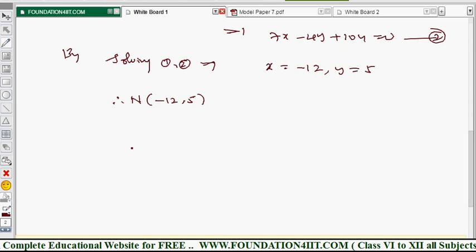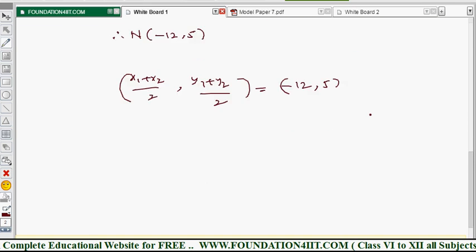Then we can use the midpoint formula, that is ((x1 + x2)/2, (y1 + y2)/2) equal to (-12, 5). Here (x1, y1) is P and (x2, y2) is (alpha, beta).